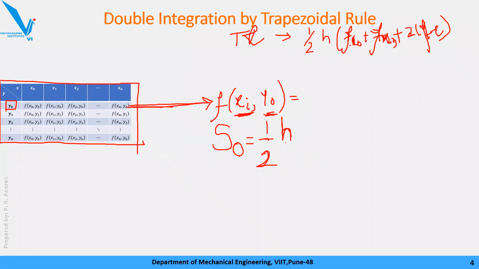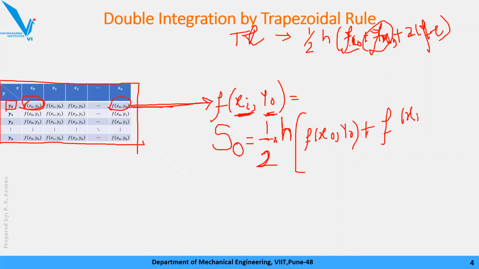So 1 by 2 times h into the first value, f of x0 comma y0, plus the last value, f of xn comma y0, plus 2 times the remaining values.